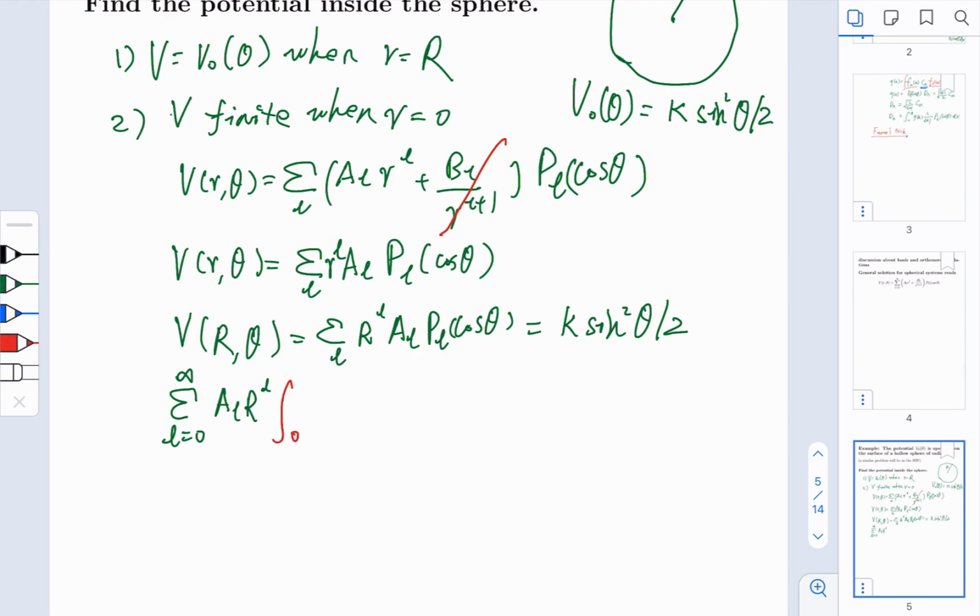The Fourier trick is simply to add an additional integral. Now the red part is what you need to pay attention to. That is something that we added here.